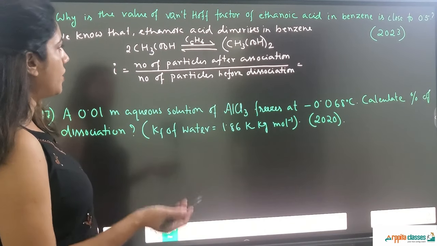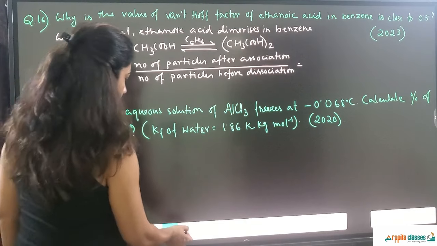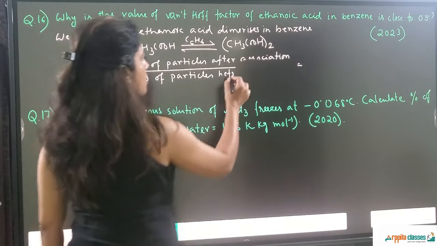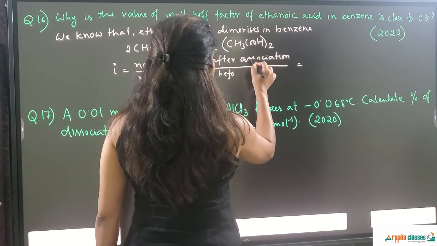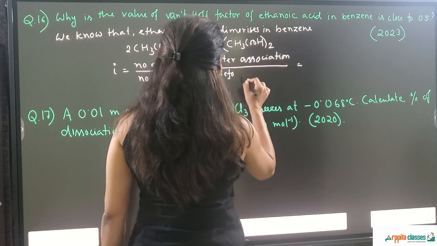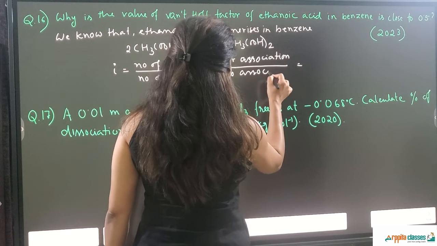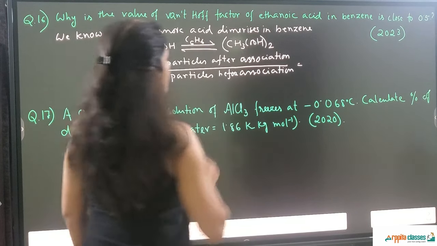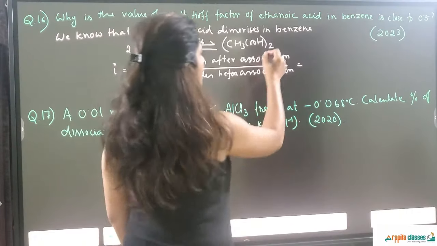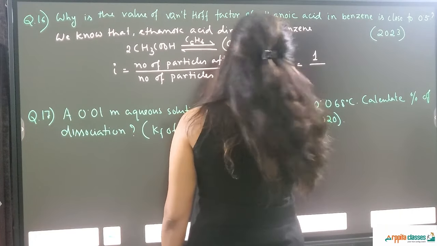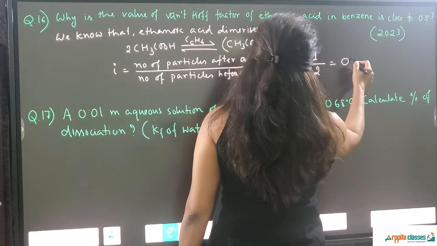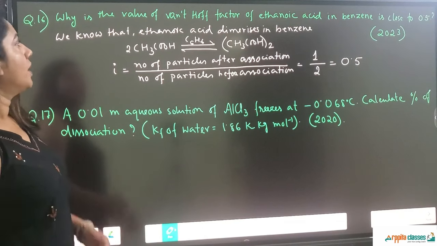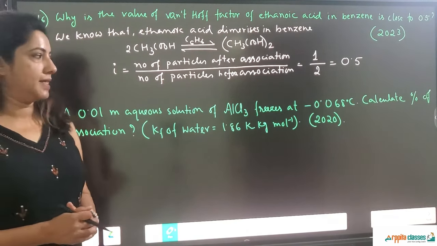So after association we have only one, and before association we had 2, so 1 by 2 means it is 0.5. So that is how the Van 't Hoff factor is 0.5 for ethanoic acid in benzene.